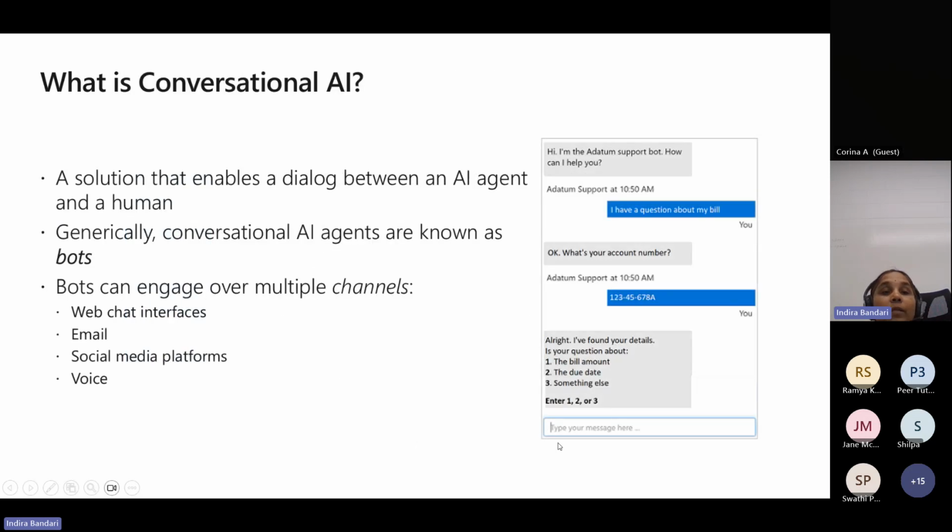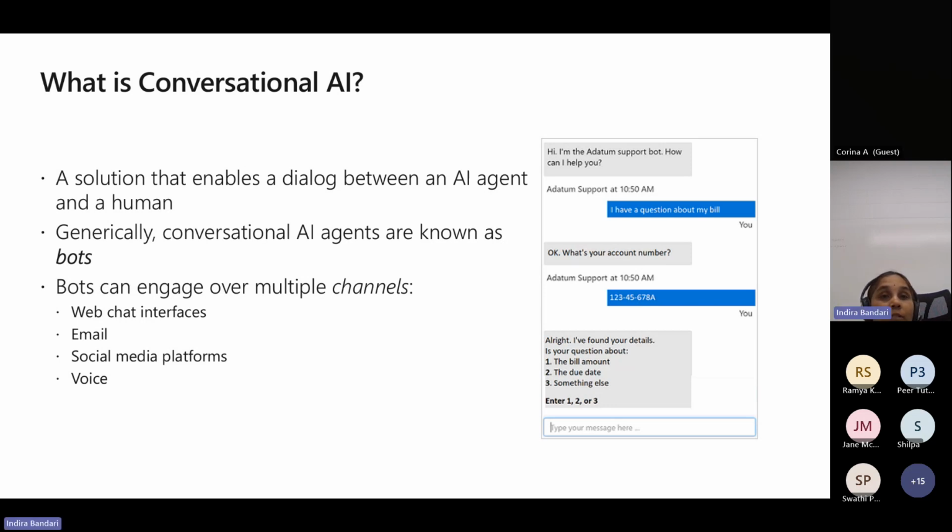Okay, so now let's go to what is conversational AI. Conversational AI builds on other AI workloads, in particular natural language processing, but also you can use machine learning and potentially even computer vision.